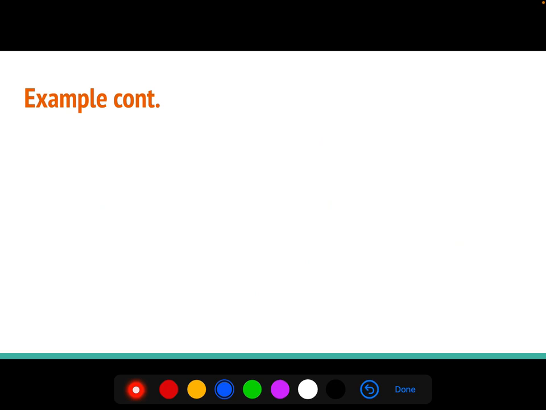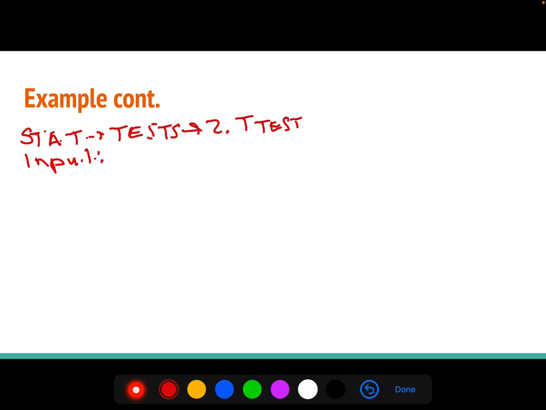Now we're going to continue our example. Again, these are the steps in the calculator. Stat, over to test, and you're going to choose number 2. It's the T test. Why? Because this is a T. Your input is stats, and then your mu naught is 7.